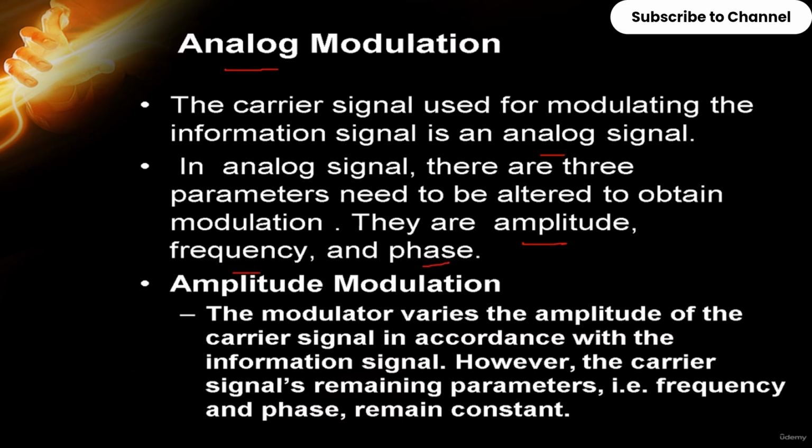Under analog modulation, we have amplitude modulation. In amplitude modulation, the amplitude of the carrier signal varies according to the information signal. The remaining parameters, frequency and phase, remain constant.